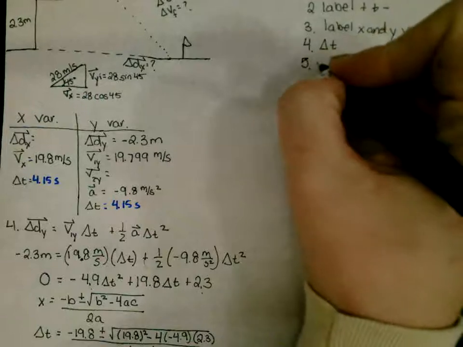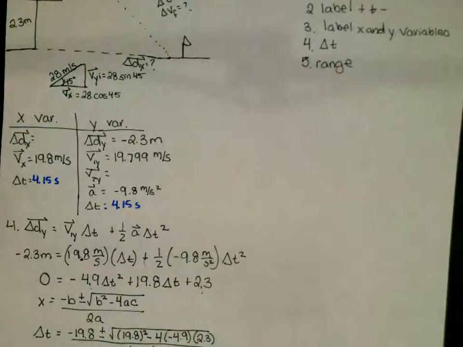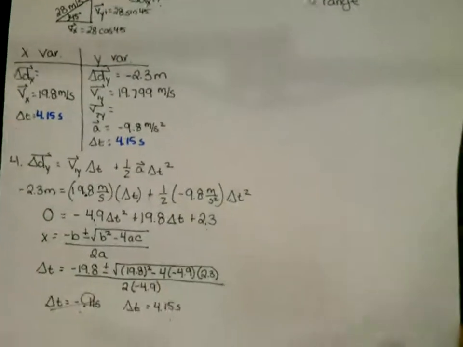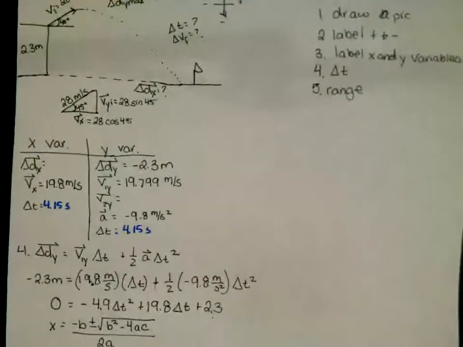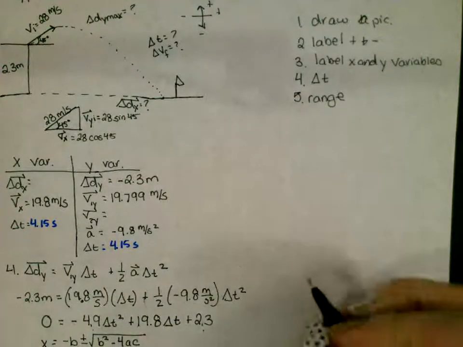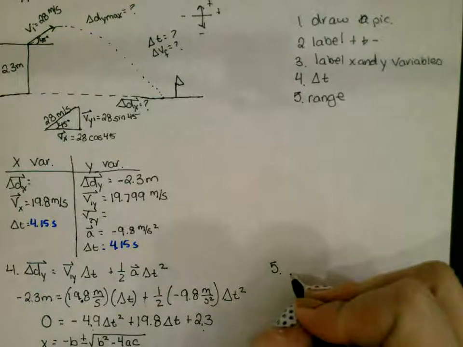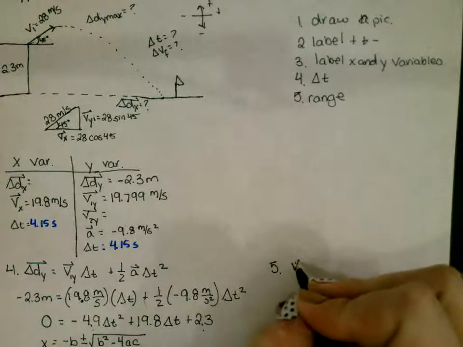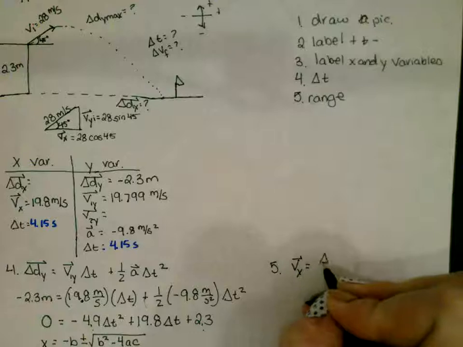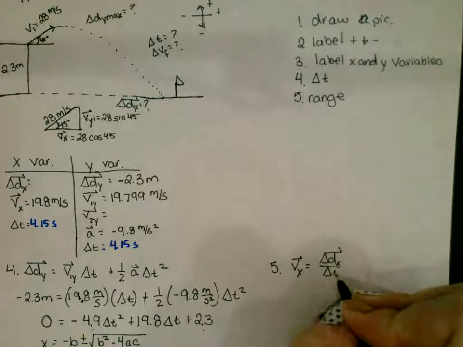Step 5 is range. All right. So velocity is equal to a change in displacement over change in time.